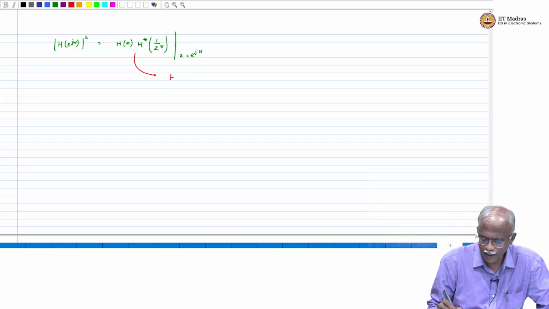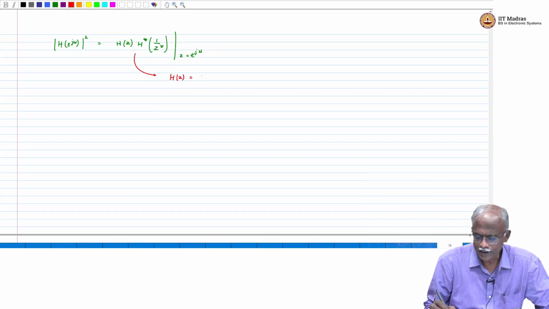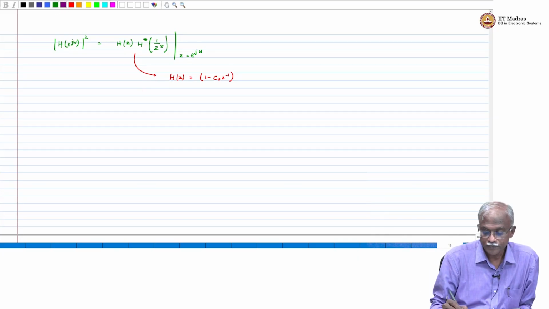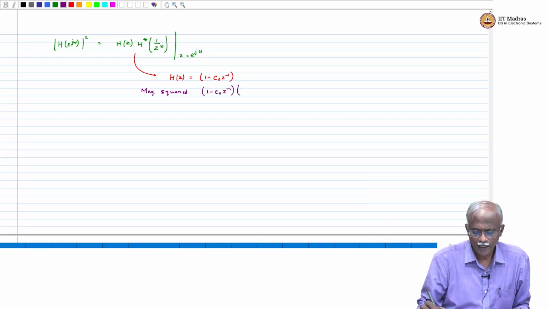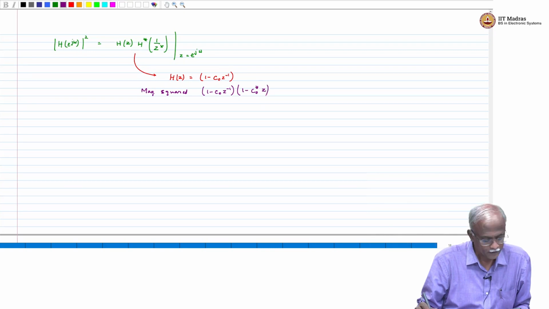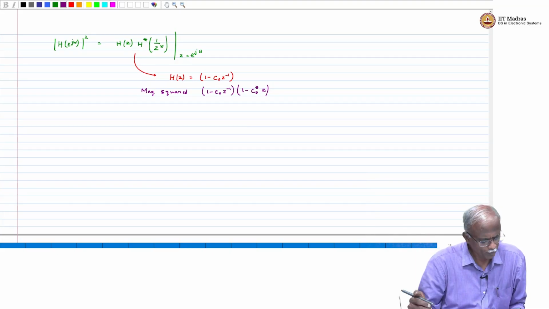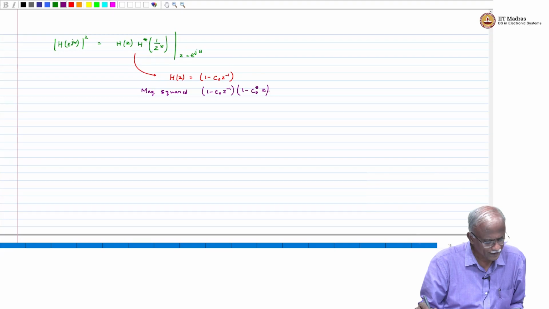But now let's look at this particular expression. Suppose H(z) had a factor (1 - c₀ z⁻¹), that is, a zero at c₀. Where will the magnitude squared function have zeros? It will be (1 - c₀ z⁻¹)(1 - c₀* z). Basically you conjugate z inverse, and then you put 1 over z*, giving c₀* z.